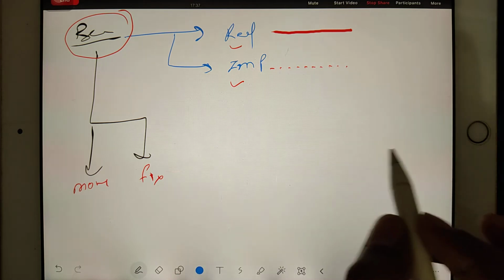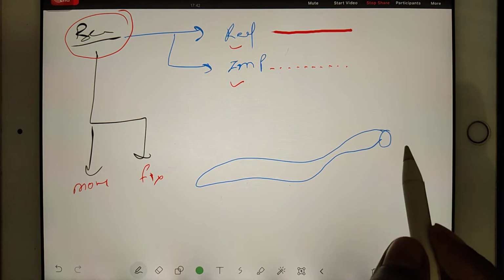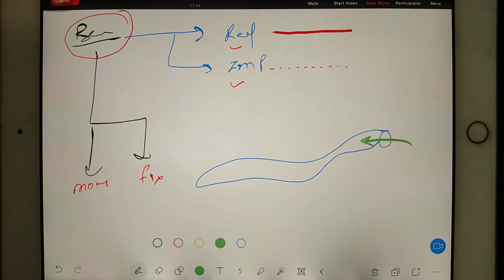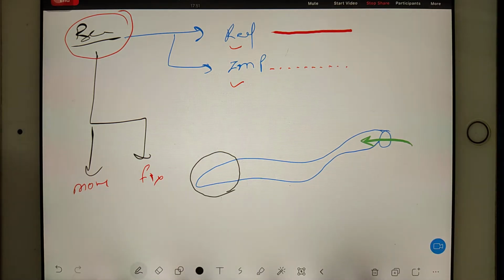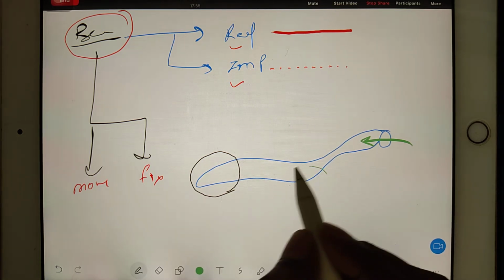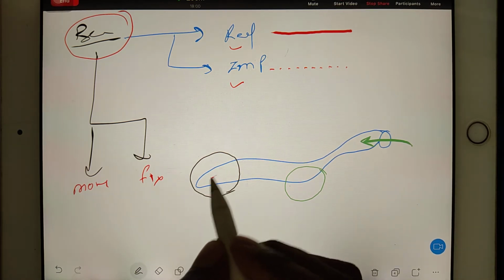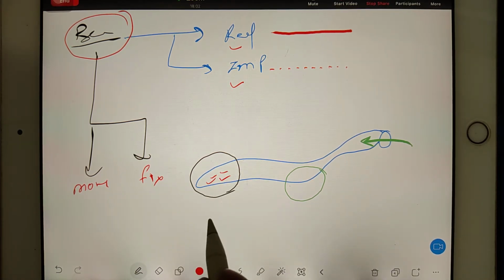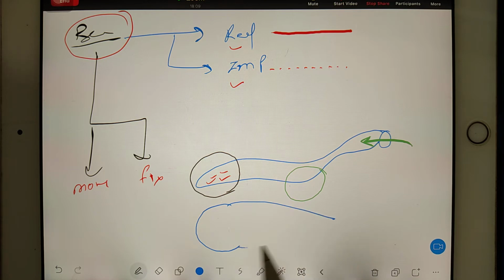Suppose you have a balloon like this. Now you are filling air inside. Any student wants to judge what happens only in this zone when air is coming inside, or some other student is interested in what is happening only in this other zone. When air goes inside, slowly this zone will change its shape. Just imagine, after filling some air, this became the shape, the balloon shape.